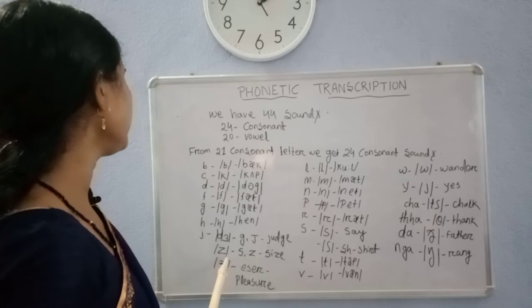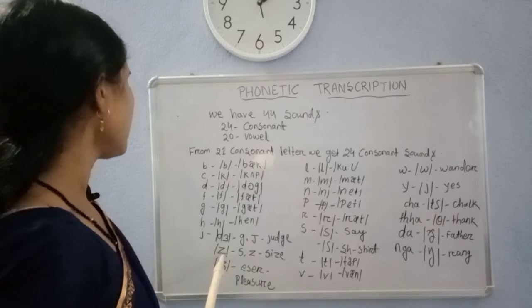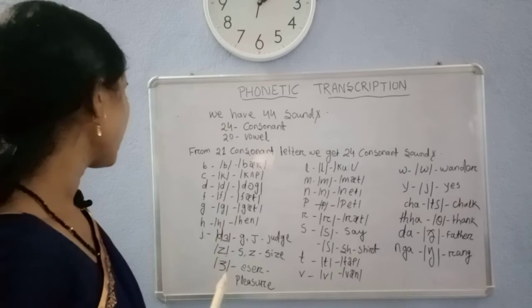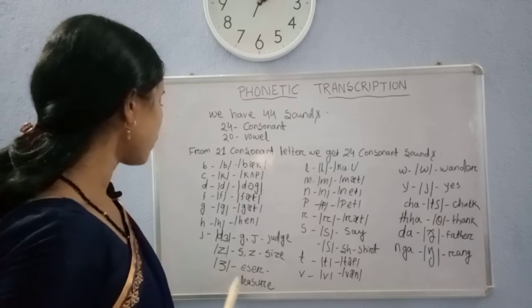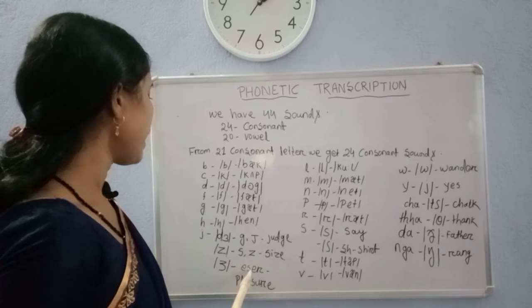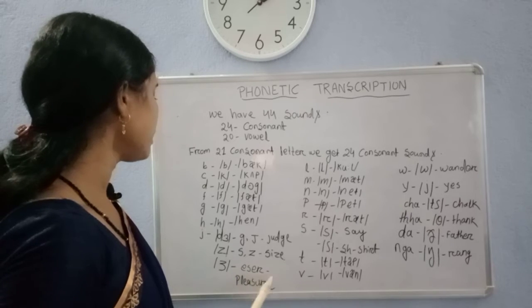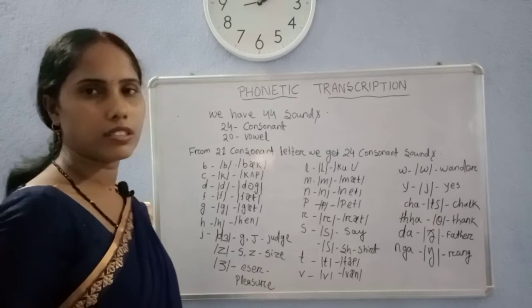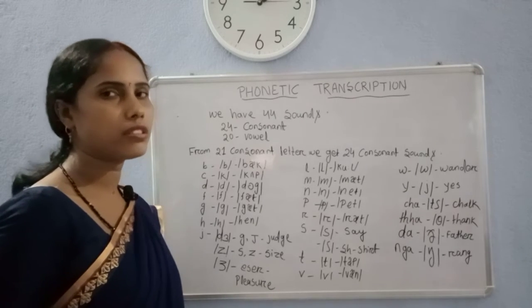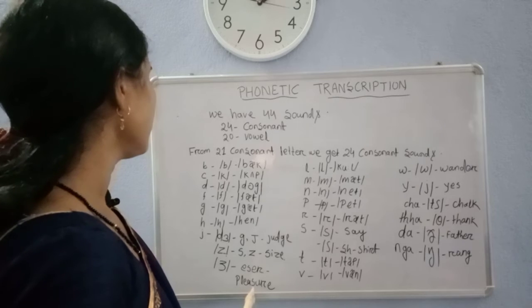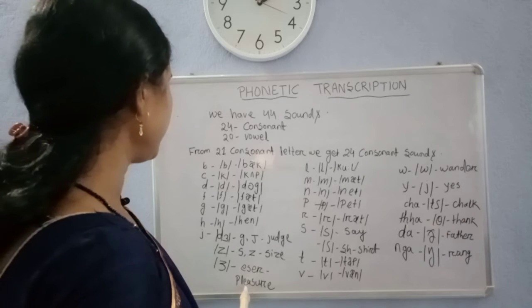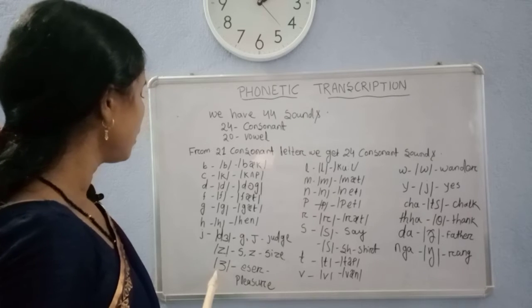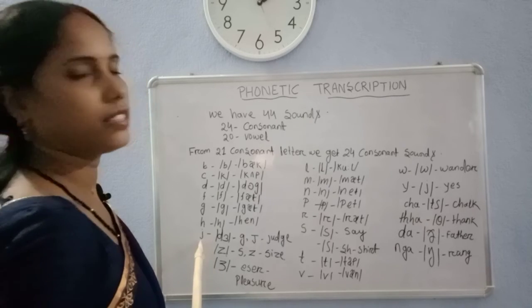Here you will write in transcription the sound Z or the zh sound, as in pleasure. There you will write this phonetic transcription of the zh sound.